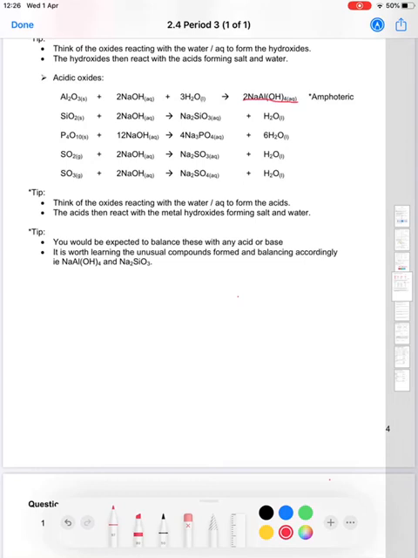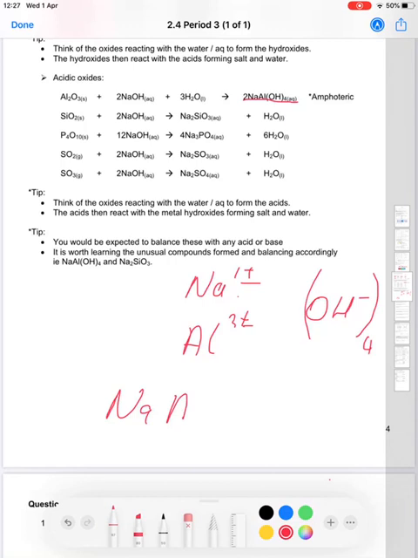And just to put this into context, we've got aluminium, which has a 3+ charge. We've got sodium with a 1+ charge, which means the number of hydroxides I'm going to need is 4 in order to cancel out the 2 charges here and here. So the formula for that becomes sodium aluminium hydroxide, which is what we've got there.